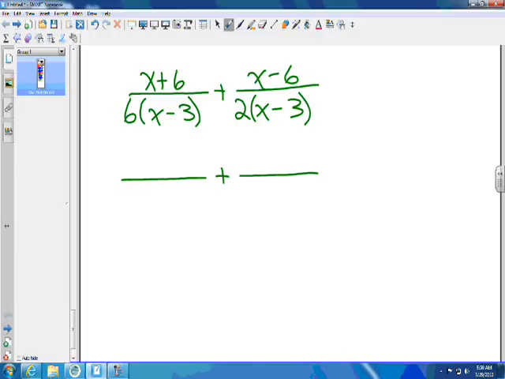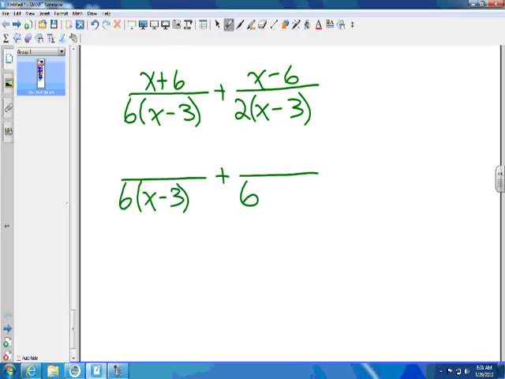So numbers out front. Do we have any? 6 and 2, so they both go into 12. Right? So we have a 6 out front of both. And what else do we need?